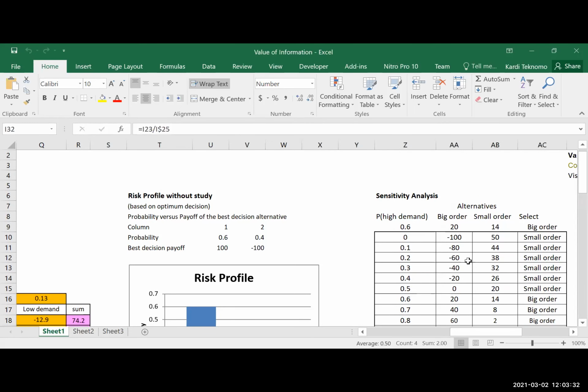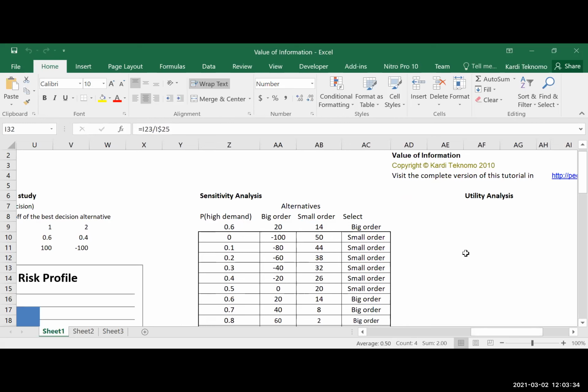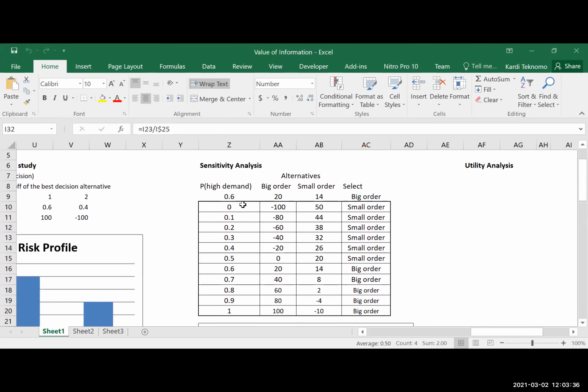In the original fruit store problem, you have this 0.6 of high demand, originally.